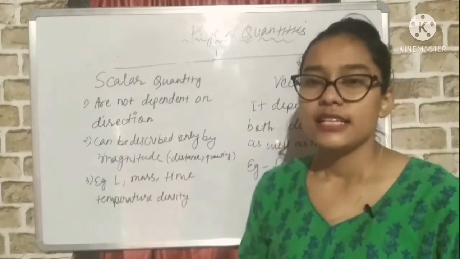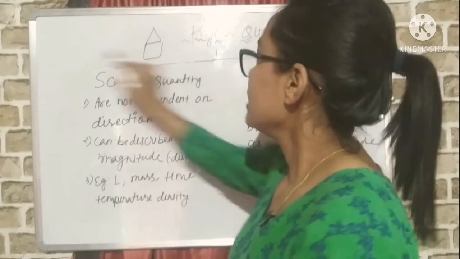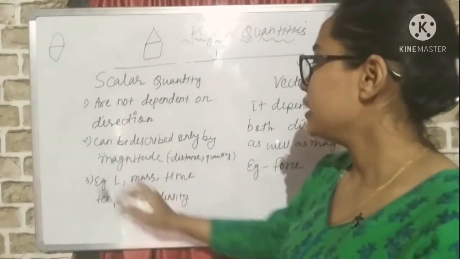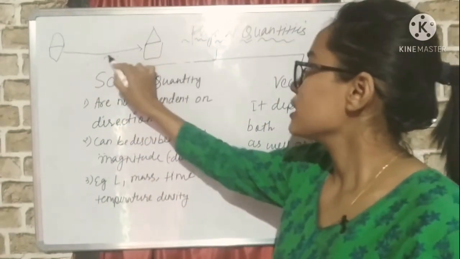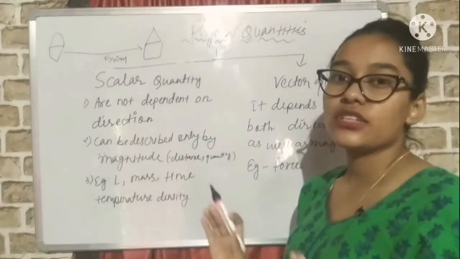You see length. Suppose when I am measuring length, a house is there and this is our school. If I want to measure the distance, suppose the distance is 5 kilometer. See, direction does not matter.